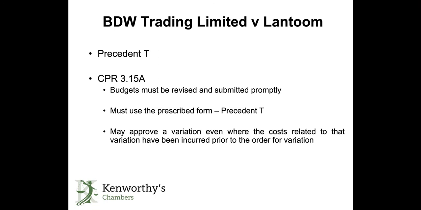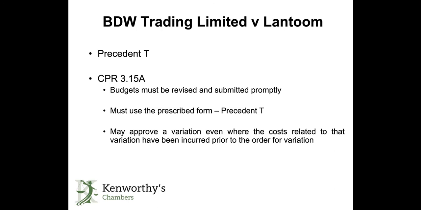But there is a potential trap, it seems to me, within the rules, which perhaps has not been given much attention, and that is the specific reference to promptness within 315A. 315A now provides that budgets must be revised and submitted promptly.